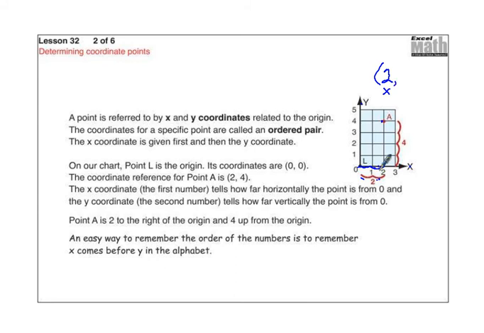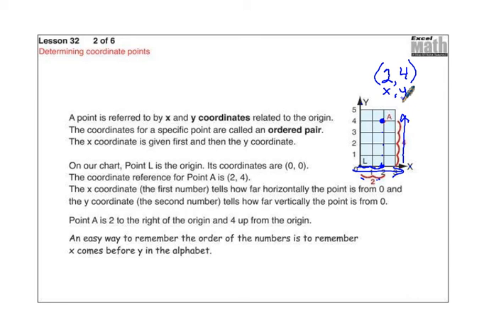You're going over 2, and then how far do you have to go up to get to that point A? You're going to go up 1, 2, 3, 4 to get to the A. So the y, meaning how far you go up, is 4. How far you go over is 2 to get to it. How far you go up is 4. X, y, 2, 4. That's called an ordered pair right there.